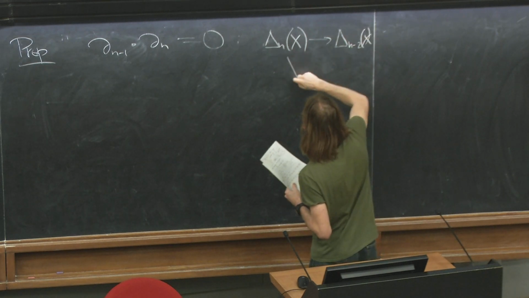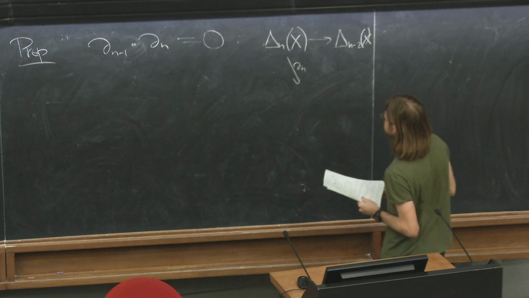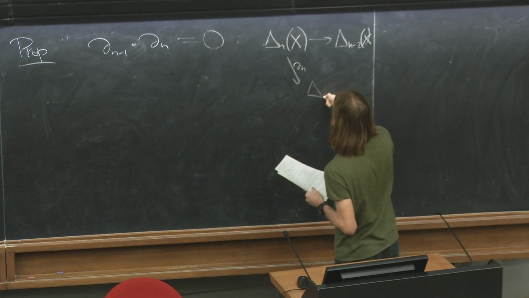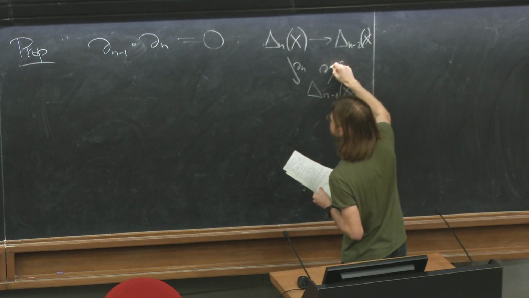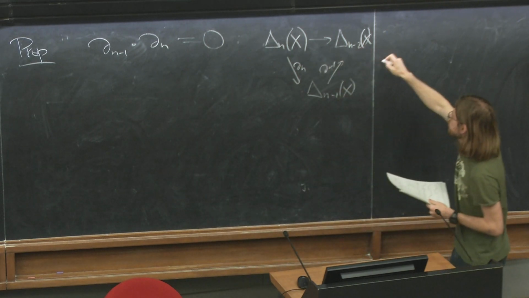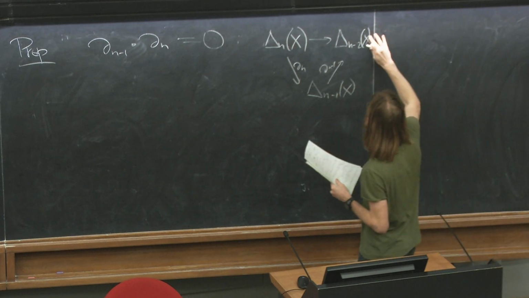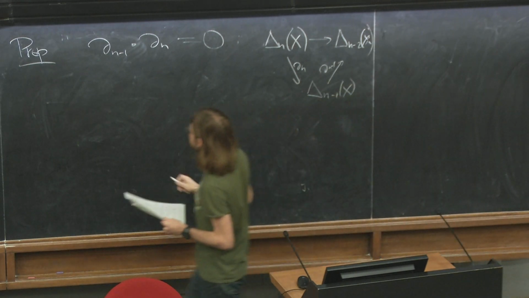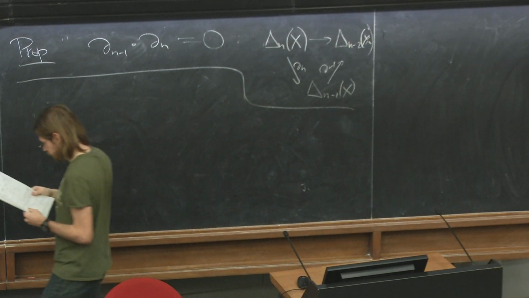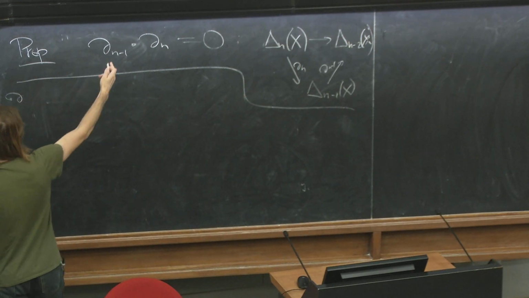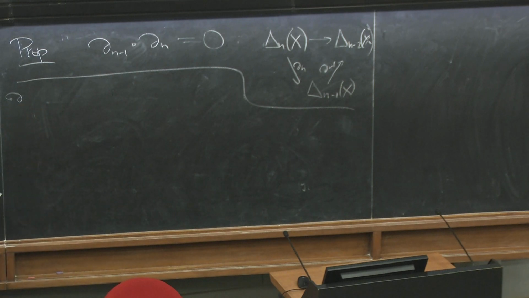This is because if we first act by d_n, this takes us to Δ_{n-1}(X), and then we act by d_{n-1}, which takes us here. So again, to show this, it's enough to show this on an arbitrary generator.